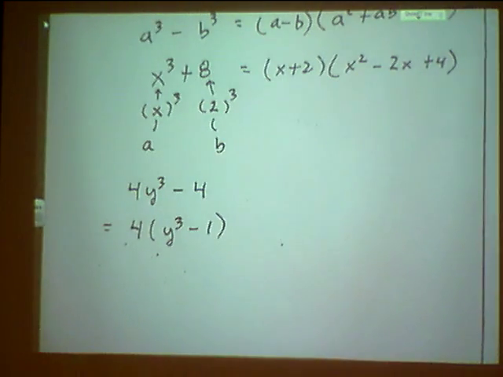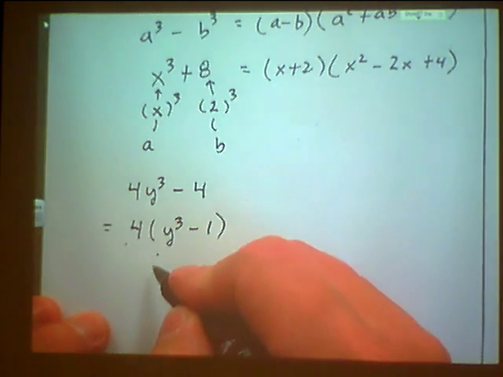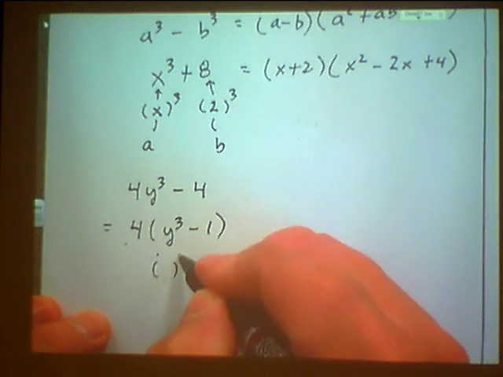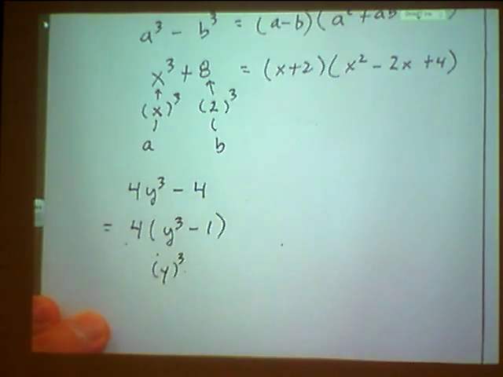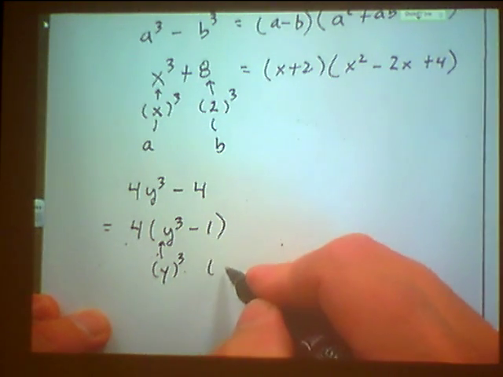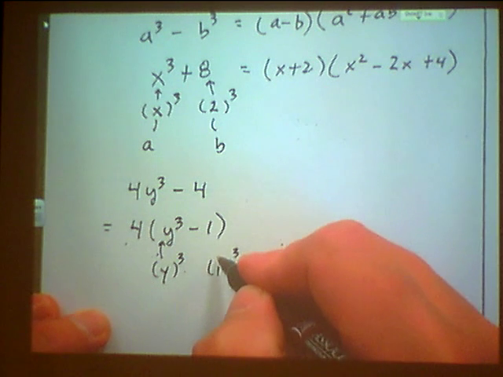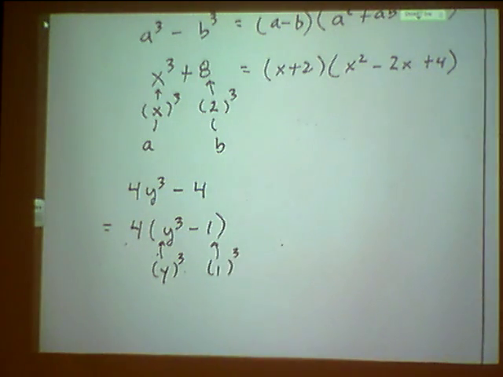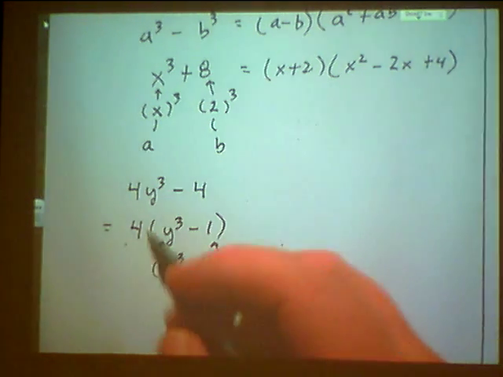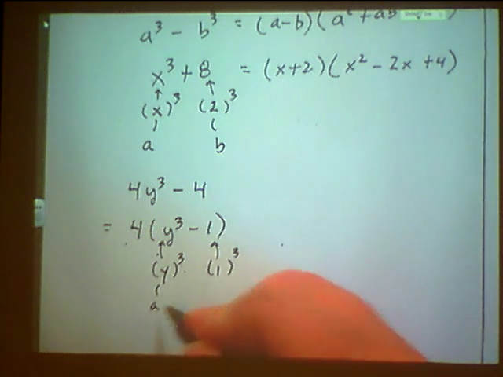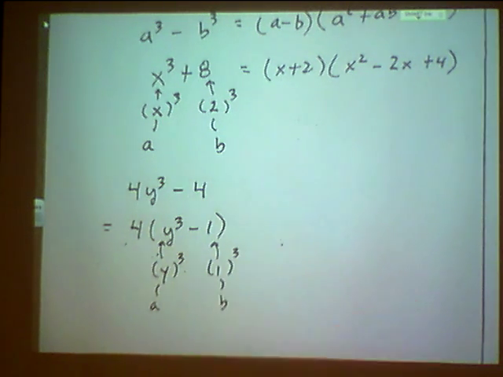And now we're going to look at y cubed minus 1 and see if that's a difference of cubes. Well, I can cube y to get y cubed. If I look at 1, well, you know what? If I cube 1, I will get 1. So it turns out this is a difference of cubes. Now my y is going to be my a, my 1 is going to be the b.